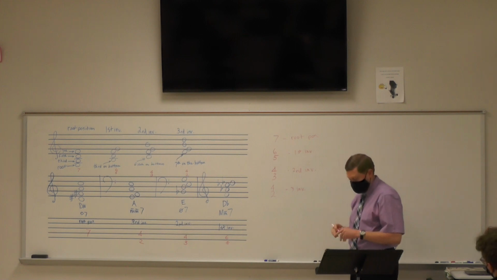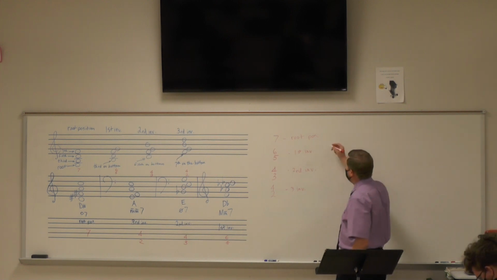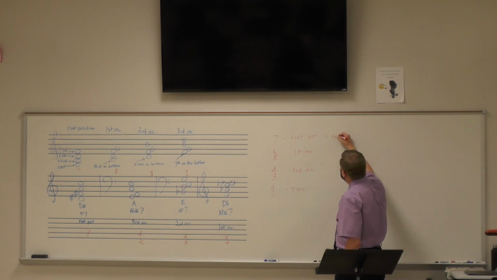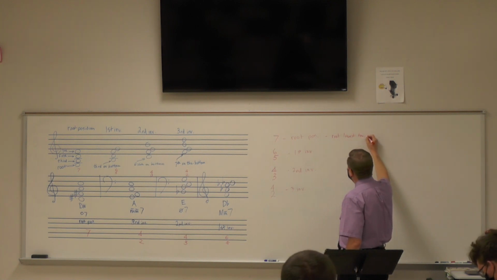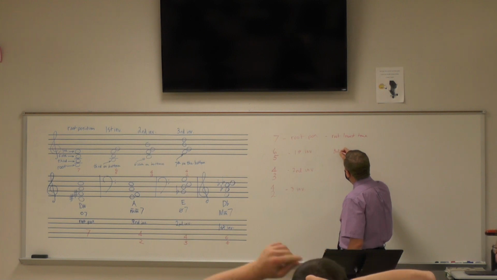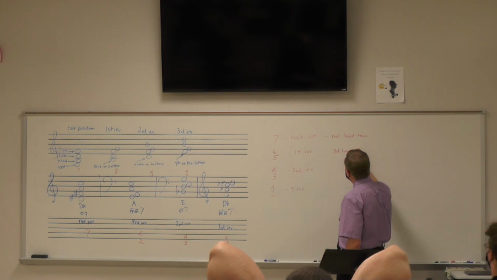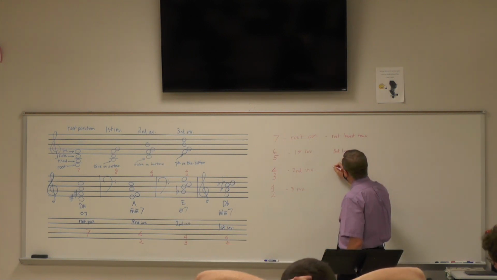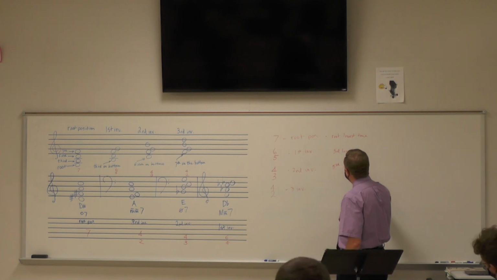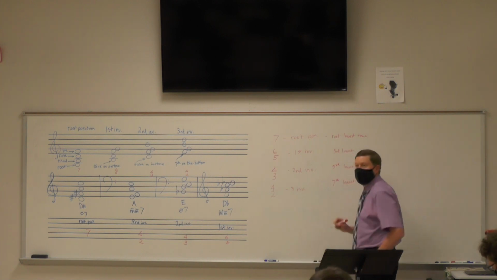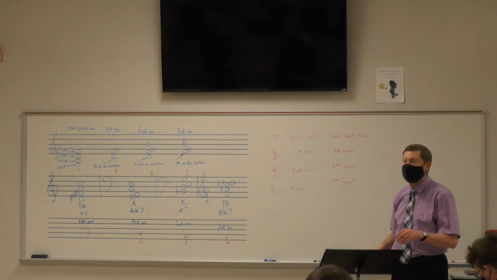And if you also associate with that this information: here the root is the lowest tone, so the root is on the bottom. In first inversion, the third of the chord is the lowest tone. In second inversion, the fifth of the chord is the lowest tone. And in third inversion, the seventh of the chord is in the bottom, the lowest tone. That's what all that information means.